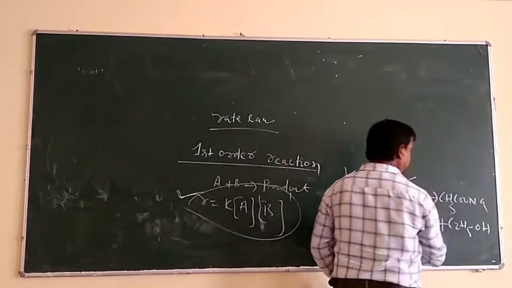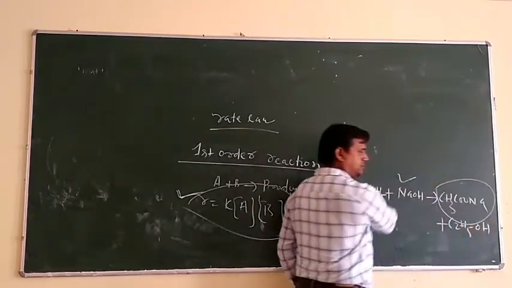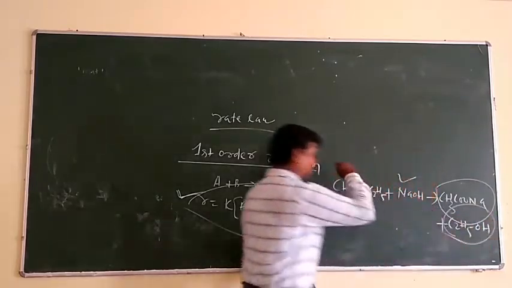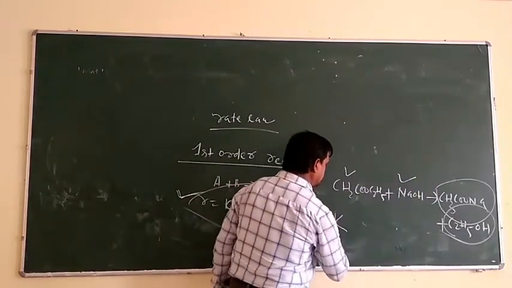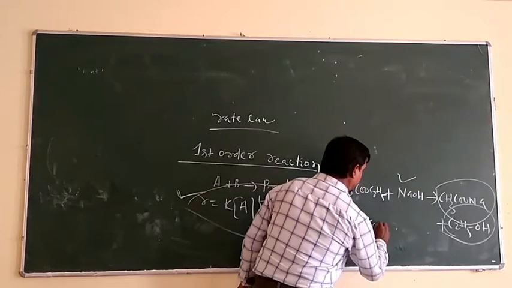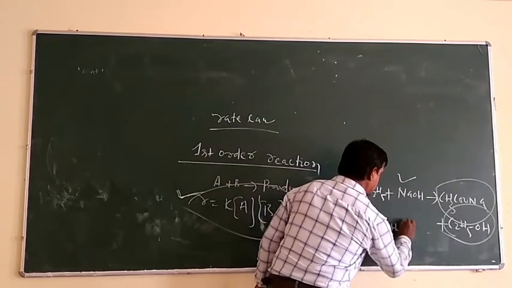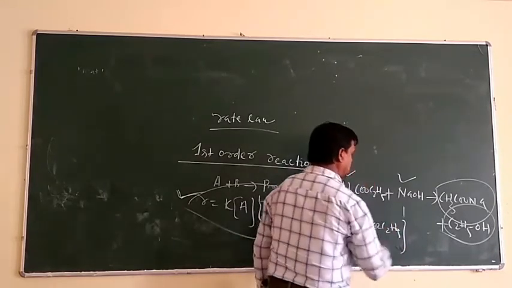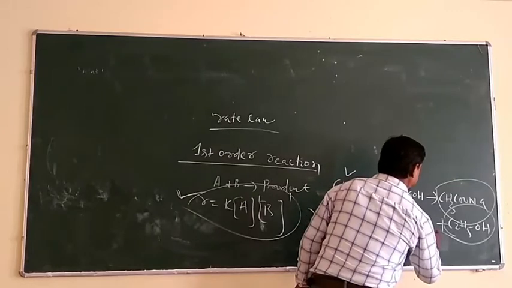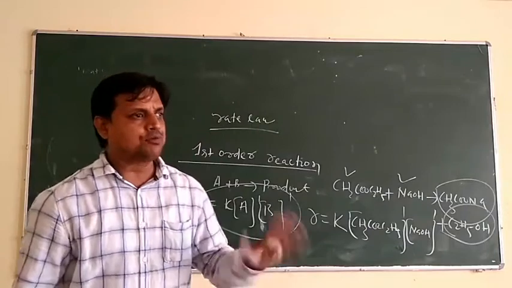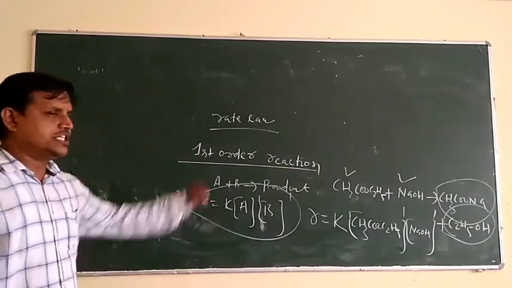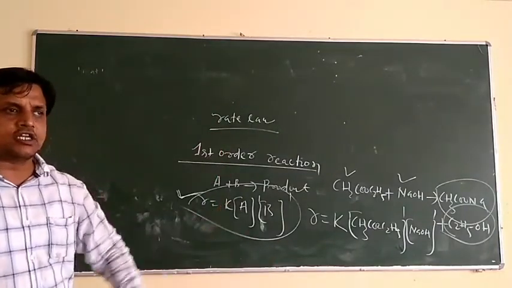Ester plus alkali gives sodium salt of acid plus alcohol. In this case, the rate equation is R equals K ester to the power 1 NaOH to the power 1. The power of ester is 1 and the power of NaOH is 1. So 1 plus 1 equals 2. So it is an example of second order reaction.